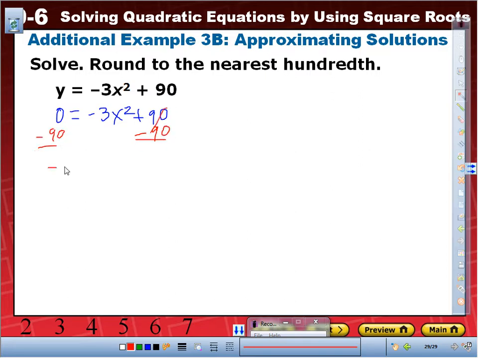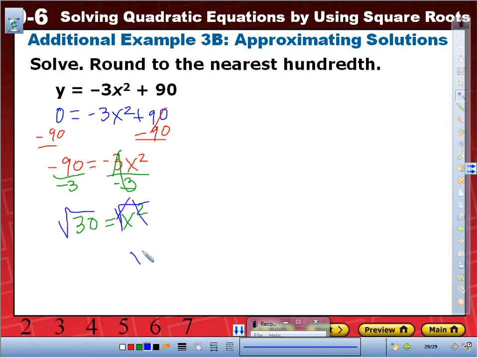We're left with negative 90 equals negative 3x squared. We divide by negative 3, divide by negative 3. We're left with x squared equal to 30. Take the square root of this and square root of that. This cancels this, x equals, and then we're going to have plus minus a certain number.